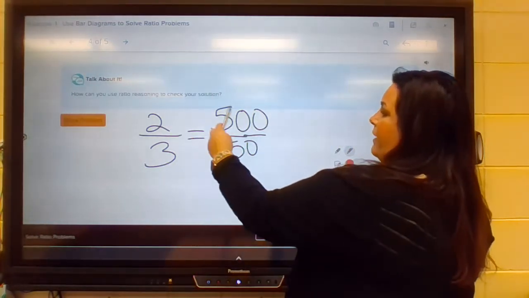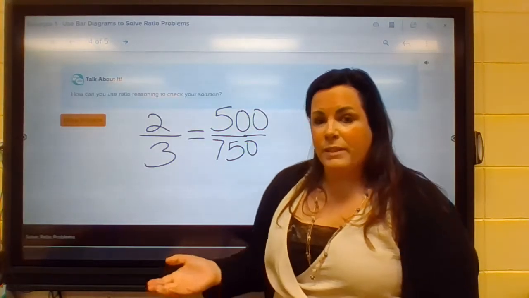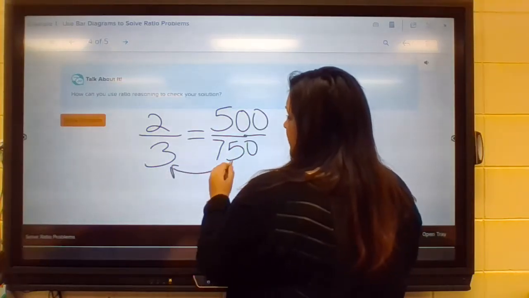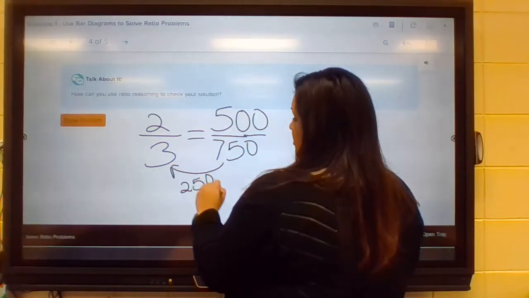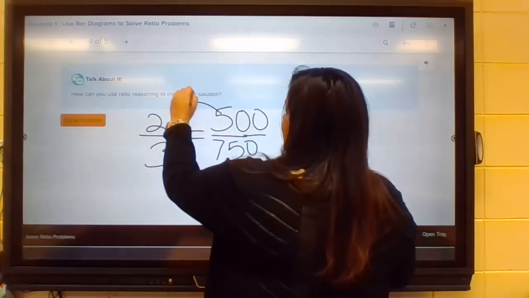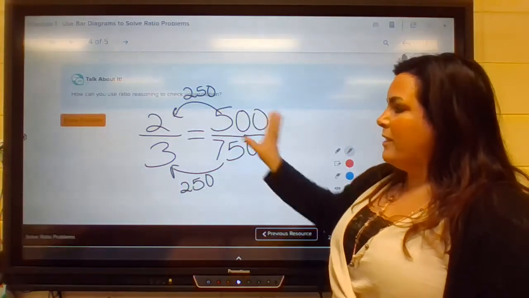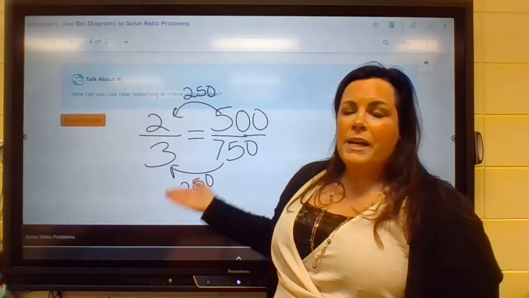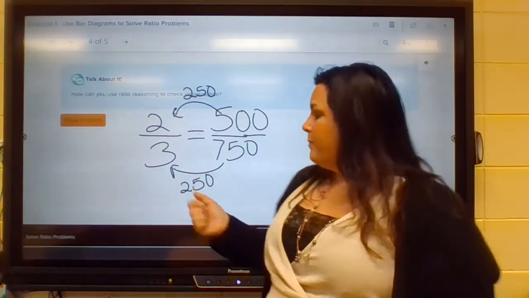So if I divide 500 by 2 and 750 by 3, do I end up with the same number? 750 divided by 3, is that 250? Should be. And is this 250? It should be. Okay. So that's how we can check it. We can set it up like one of the first ways that we have done ratio reasoning to make sure that our answer is correct and makes sense.